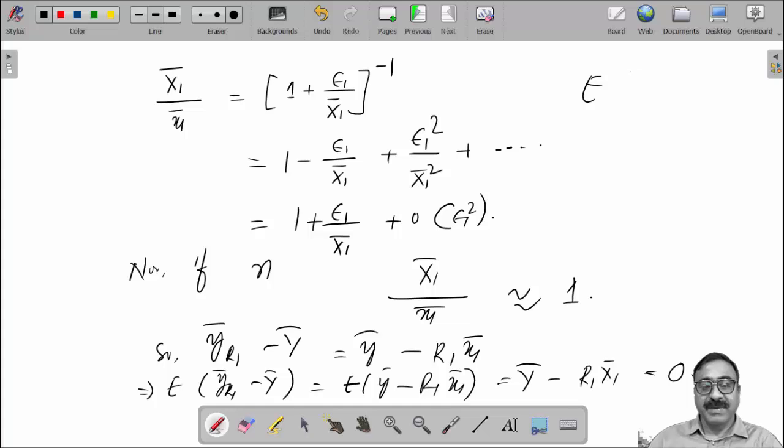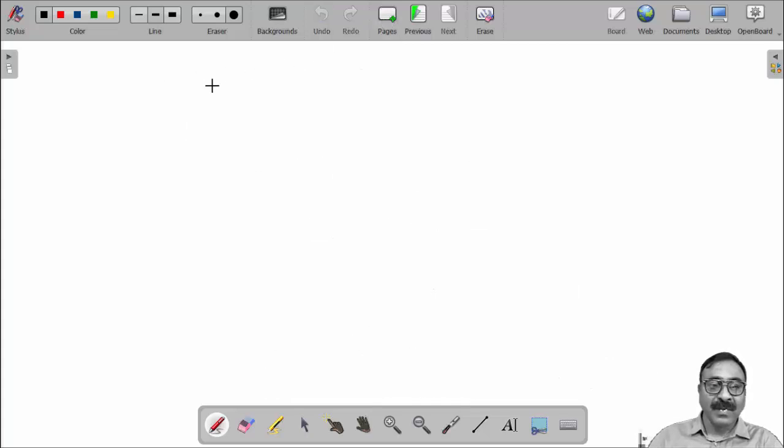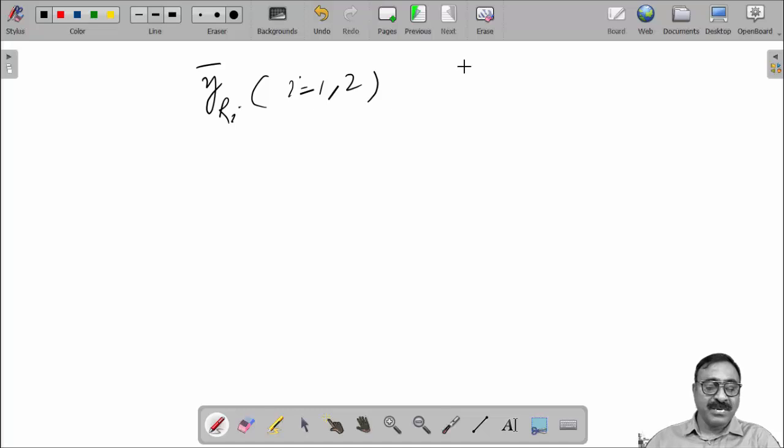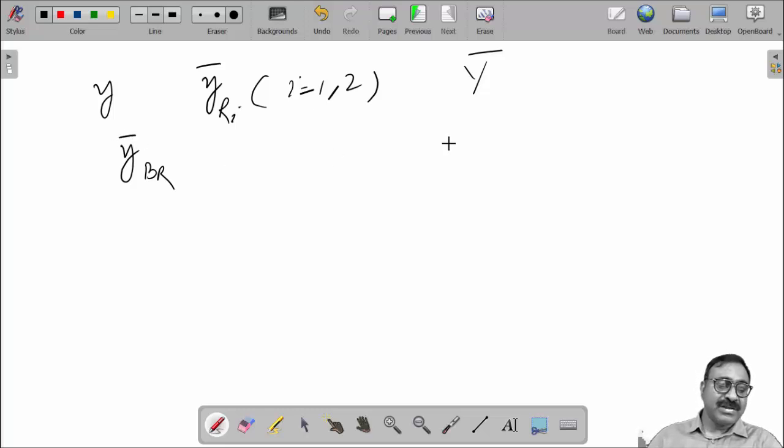Similarly, expectation of y_R2 bar minus Y bar is also equal to 0. So we conclude that y_Ri bar, i equal to 1 to 2, are approximately unbiased estimators of Y bar. Then y_BR bar is also an approximately unbiased estimator of Y bar, irrespective of the weights w.